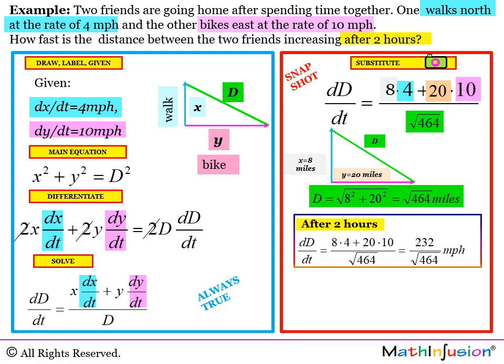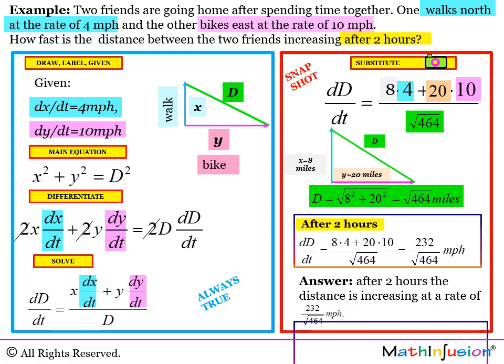We are not changing the ongoing process that continues forever. The answer: after 2 hours, the distance is increasing at a rate of 232 over the square root of 464 miles per hour.